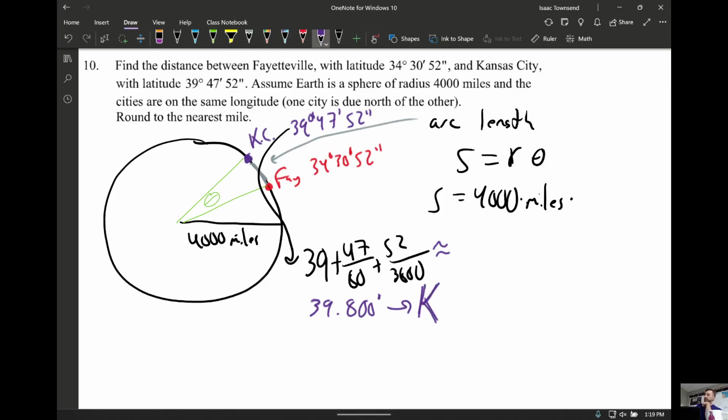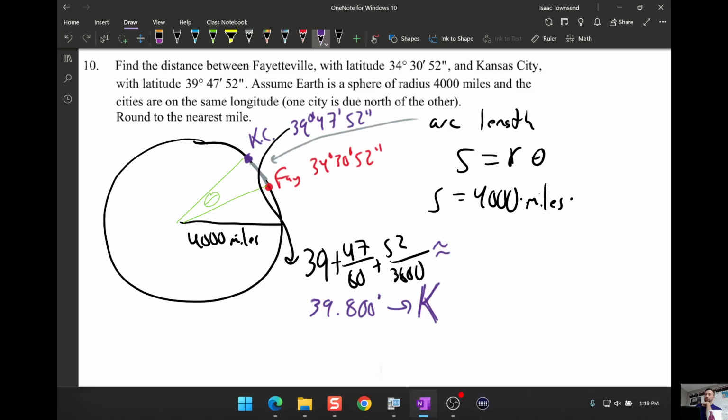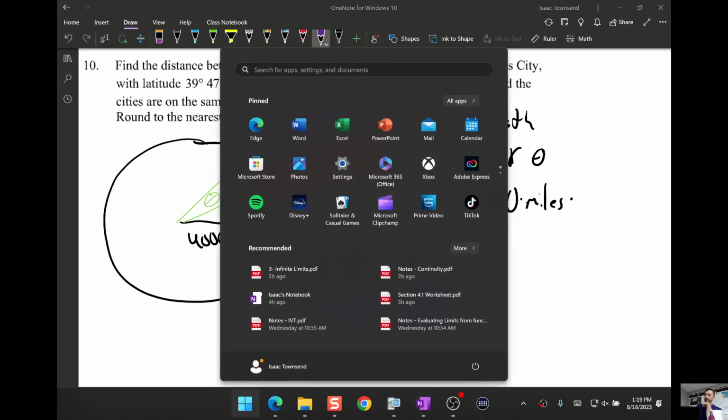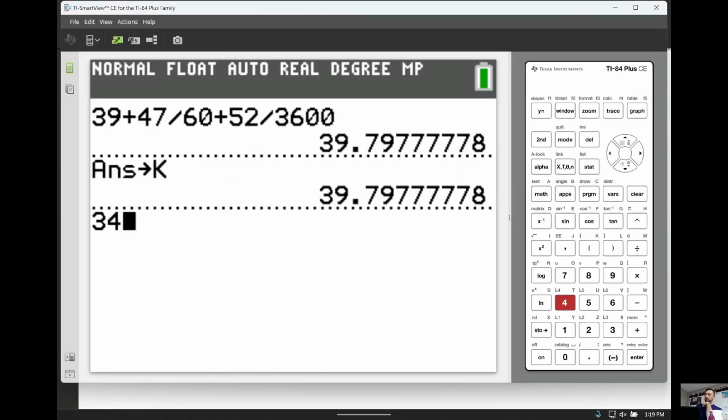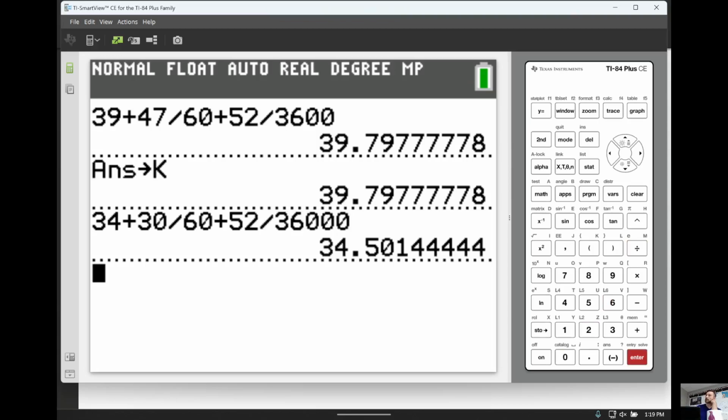All right, now I'm going to do the exact same thing with Fayetteville. I'm going to tell it Fayetteville is 34 full degrees plus 30 minutes plus 52 seconds. Okay, and so my calculator gives me that as a decimal.